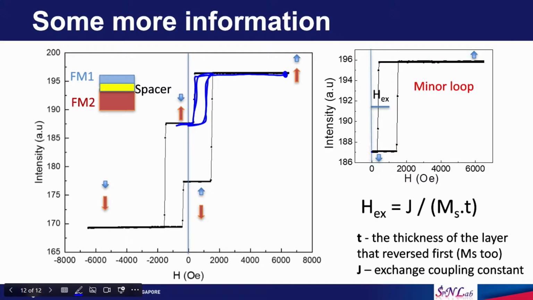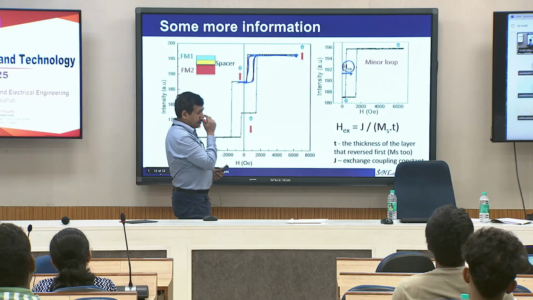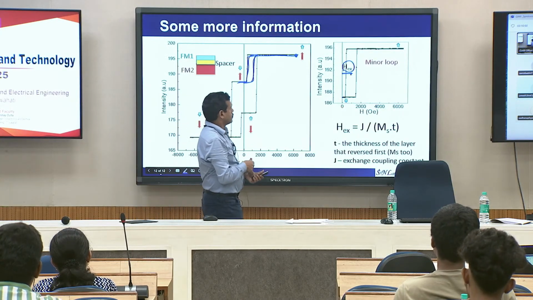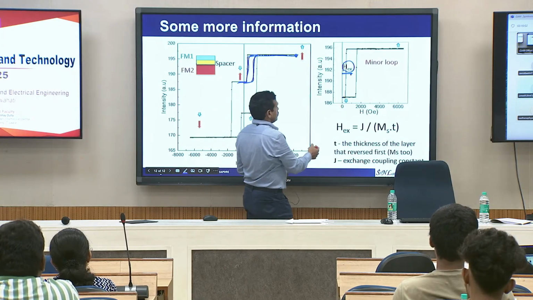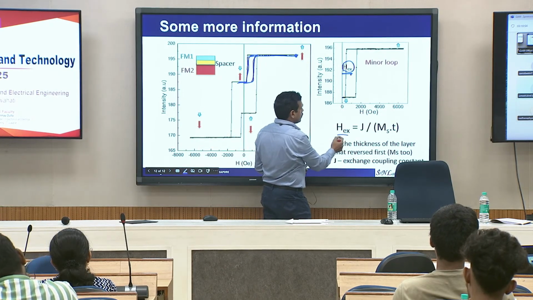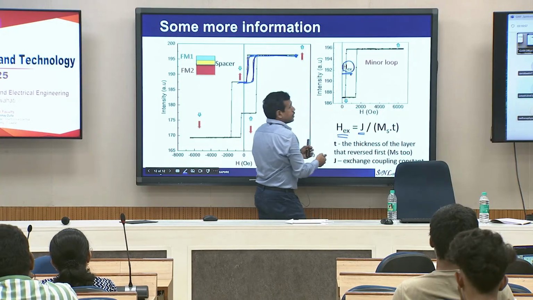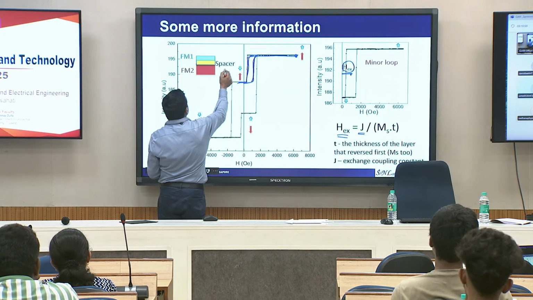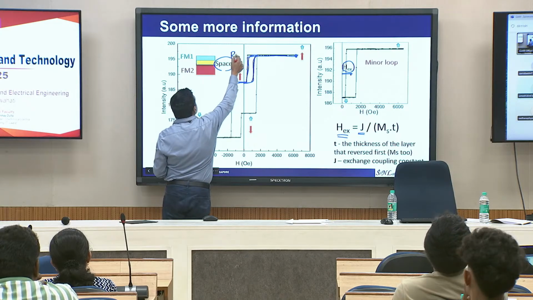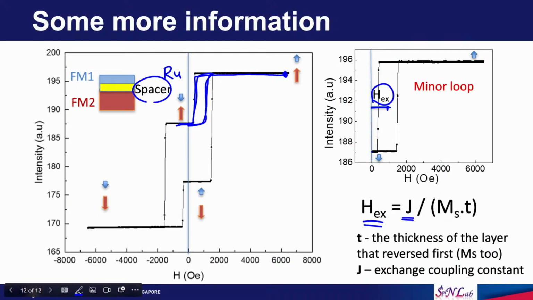Here you see the real minor loop. The center of this minor loop has shifted from 0 field by a certain magnetic field, and this is what we call the exchange field. This exchange field is related to J, the coupling introduced by this spacer layer. For example, ruthenium introduces a certain J that forces the two magnetizations to be antiparallel to each other.